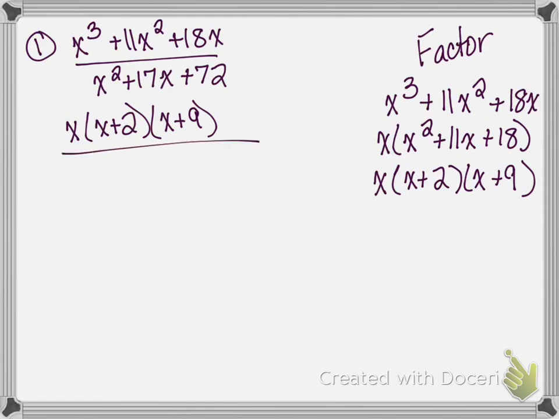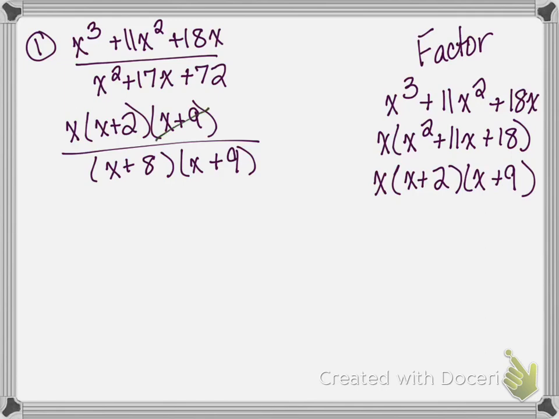Now my denominator is the product of 72 and a sum of 17. And so that factors to x plus 8 and x plus 9. And that is because 8 times 9 is 72 and 8 plus 9 is 17.